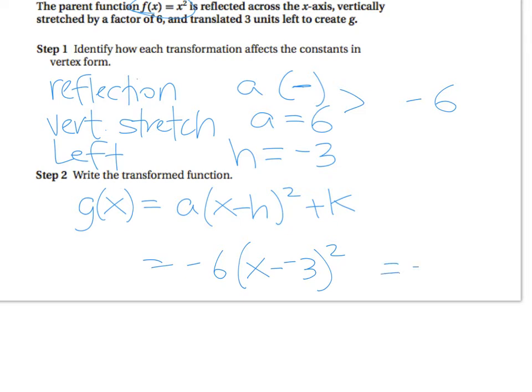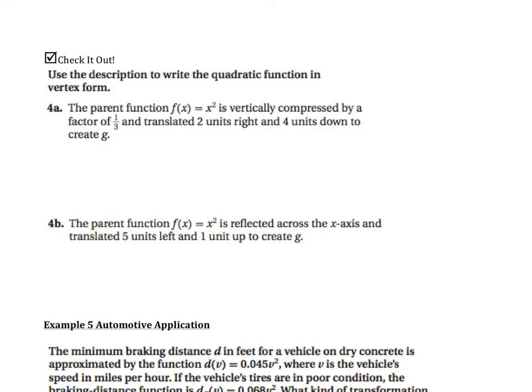So this is just negative 6 times x plus 3 quantity squared. Okay. One more of the check it outs, and then you do the other one.